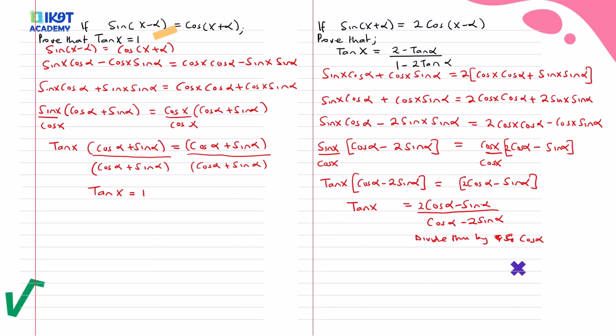So this will become 2, and these others will become tan, so we end up having tan x is equal to 2 minus tan alpha out of 1 minus 2 tan alpha.